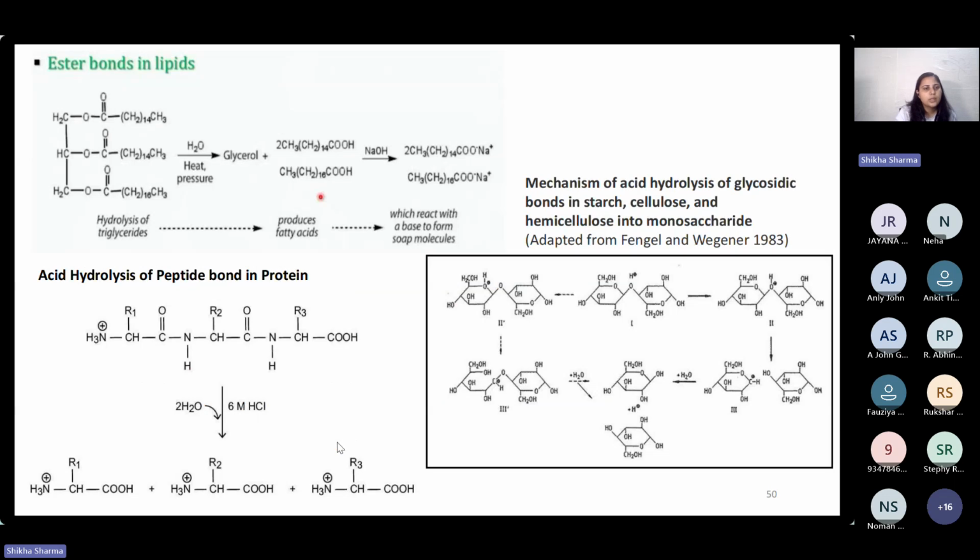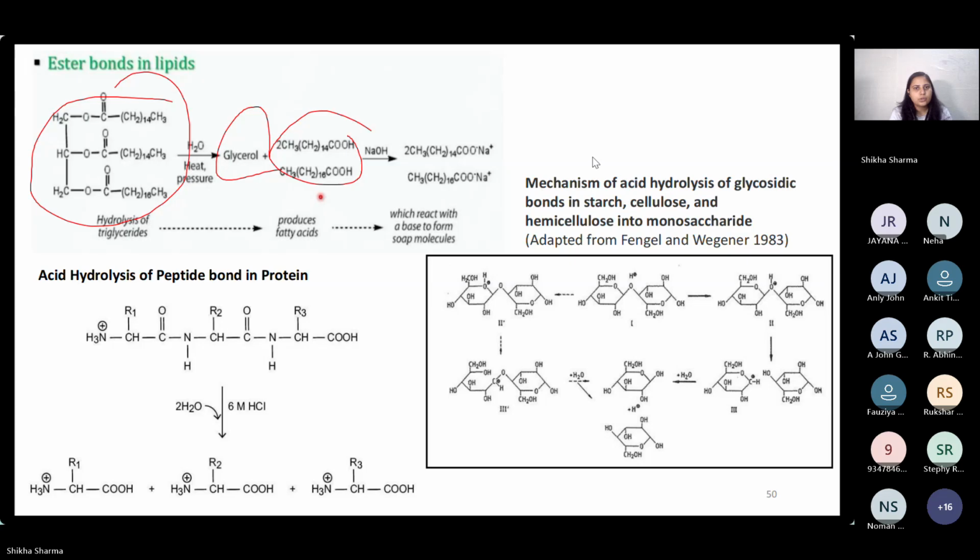So like this, if we see in the lipids, basically the triglycerides are undergoing hydrolysis, and they can form basically glycerol and fatty acid salts. And this is the protein acid hydrolysis, basically in the protein.